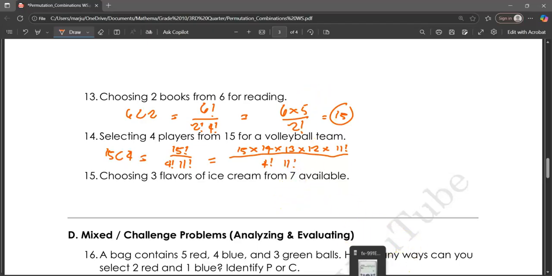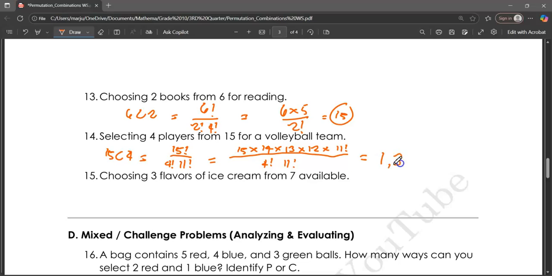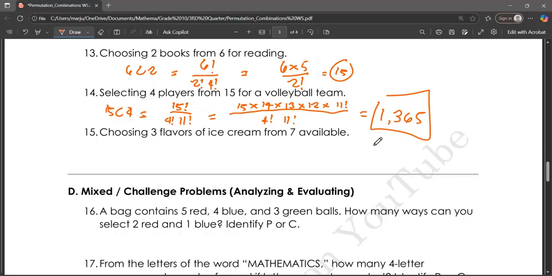Let me just grab my calculator. So this is 15, choose 4. This gives us 1,365. Nice.